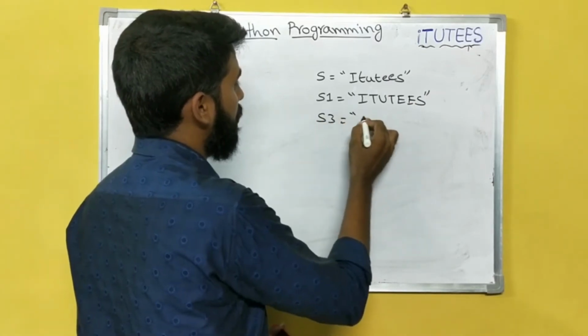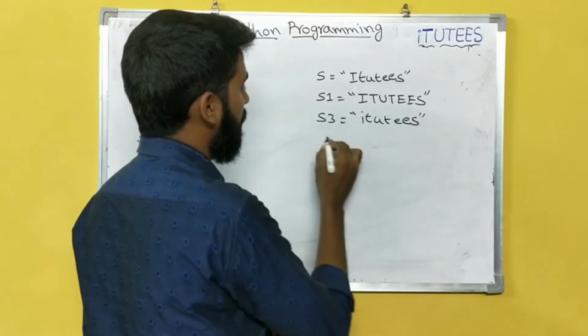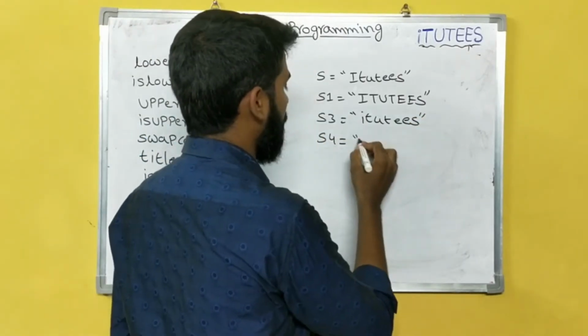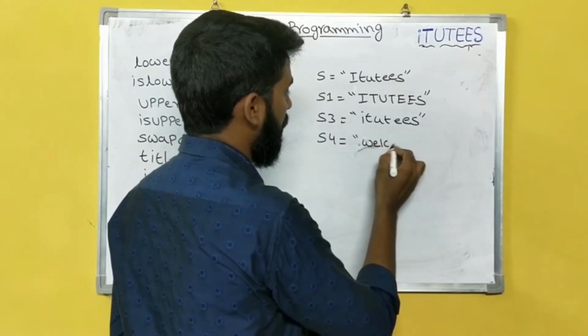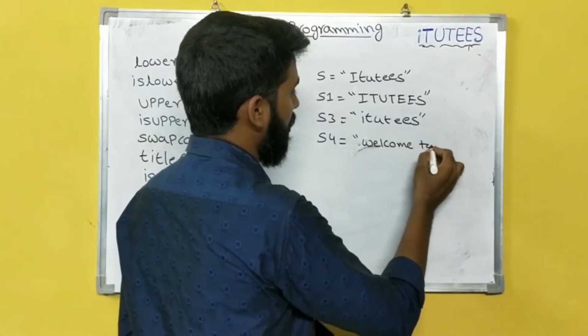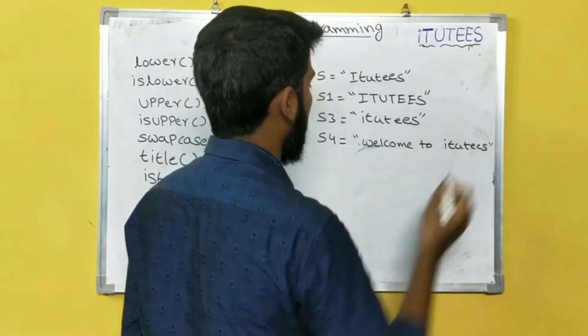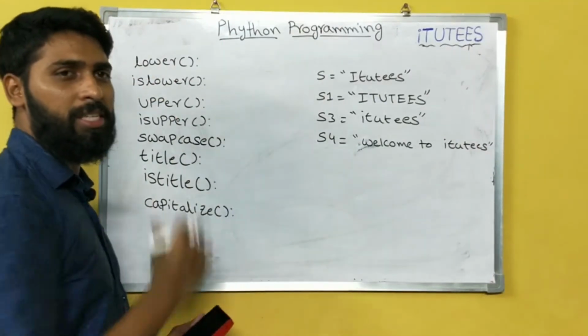S3 equals to ITUTEES, all smalls. S4 equals to welcome to ITUTEES, small. Okay. Now we are going to perform all these operations on these strings.